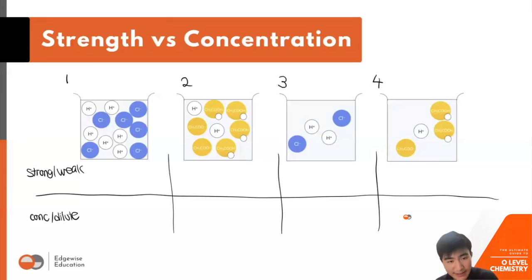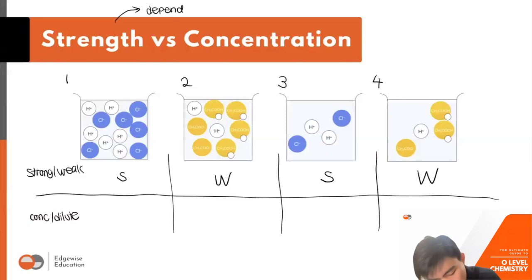Number 1 is a strong acid. Number 2 is a weak acid. Number 3 is a strong acid. Number 4 is a weak acid. So now we understand the strength of an acid depends on the identity of the acid itself. Let's write this down: depends on identity of acid.